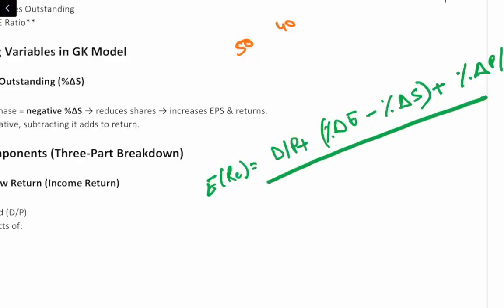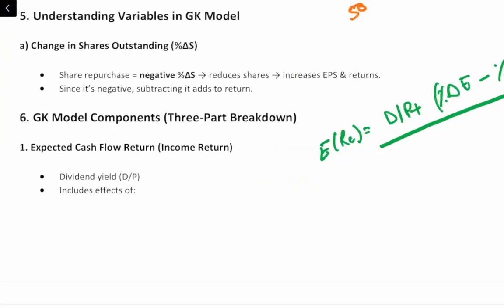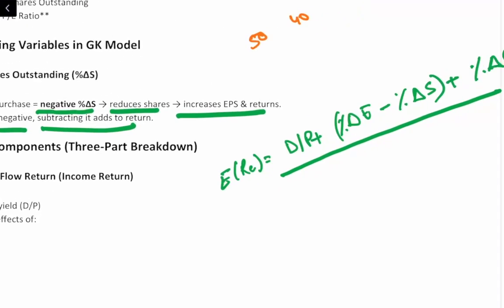So this is the formula as per your Greenwald-Kroner model. Now if you look at this point, share repurchase means that your change in stock is negative. It reduces the number of shares in the market and that will increase your earning per share as well as the return. Clear? Since it's negative and subtracting it, it actually adds.